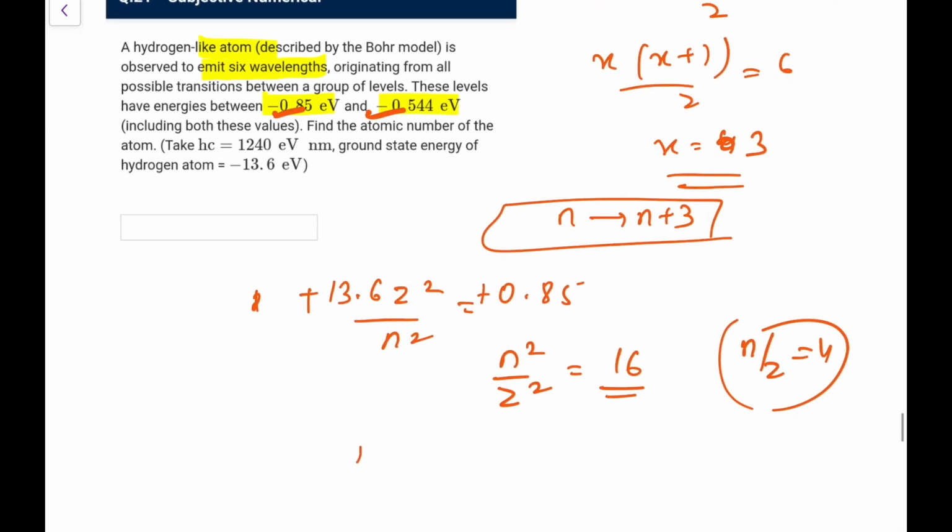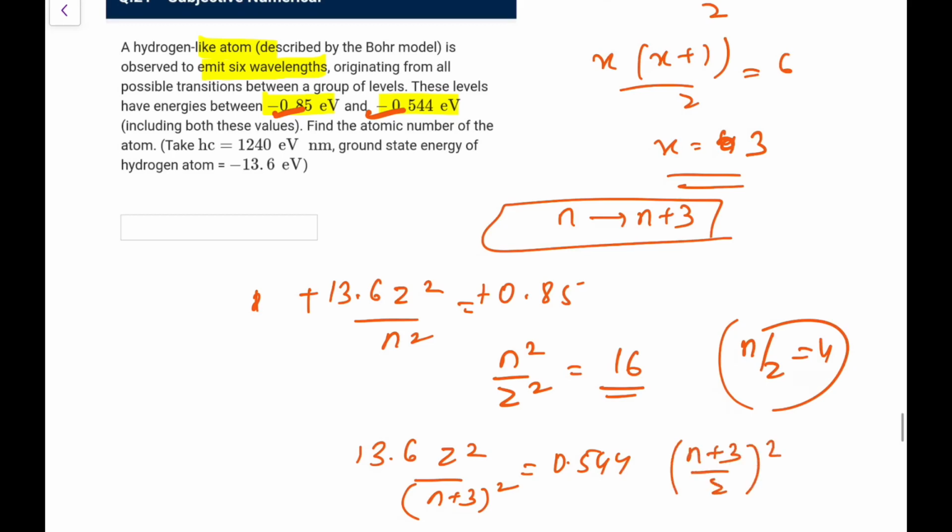This is the first thing you get. Next, 13.6 z square upon n plus 3 whole square is equal to 0.544. So again n plus 3 upon z whole square comes out as 13.6 upon 0.544, that comes out as 25. So n plus 3 by z comes out as 5.